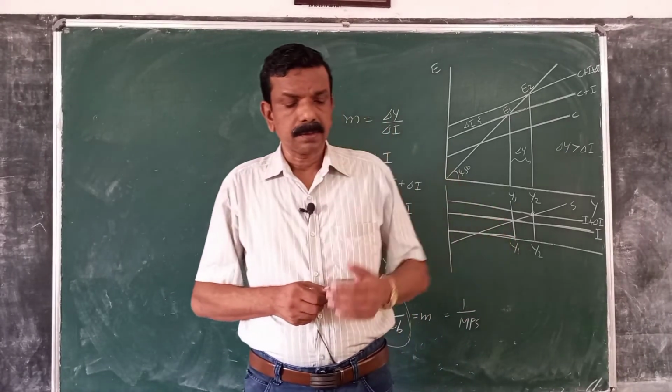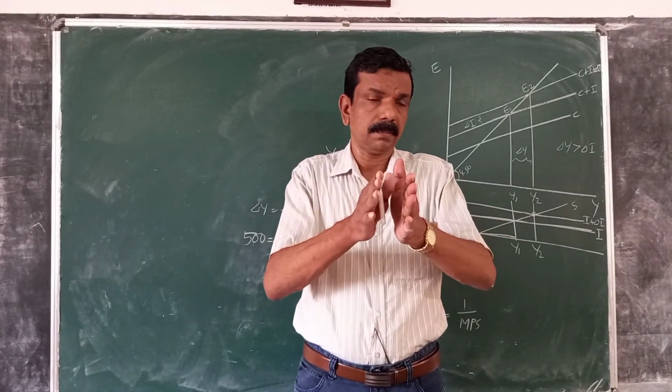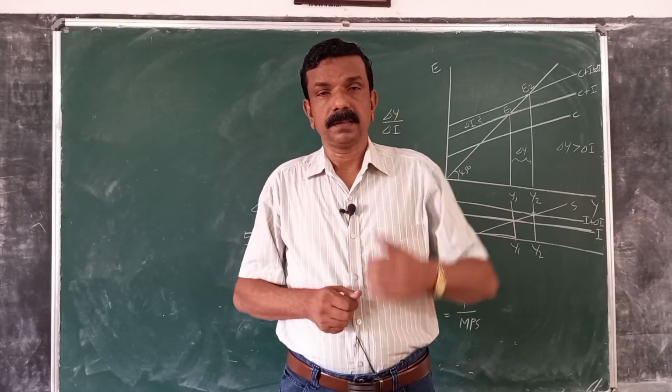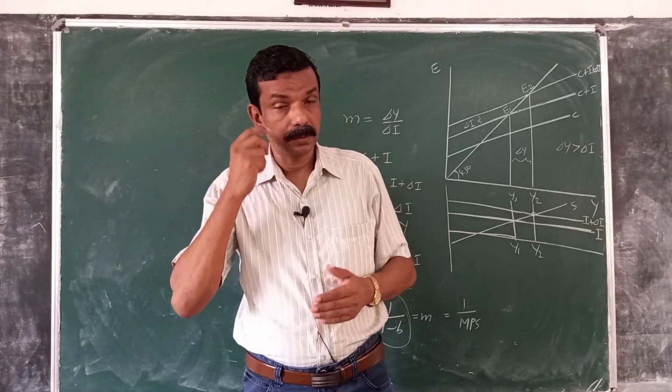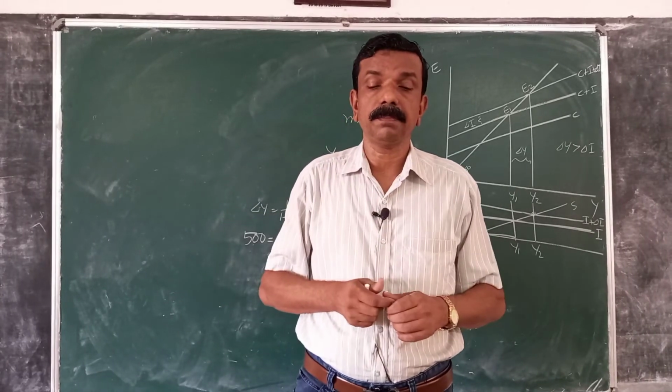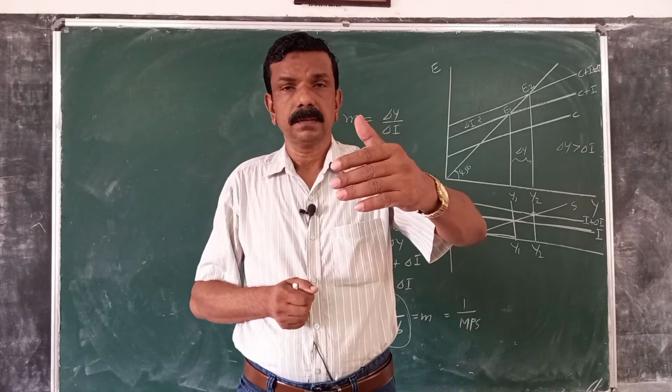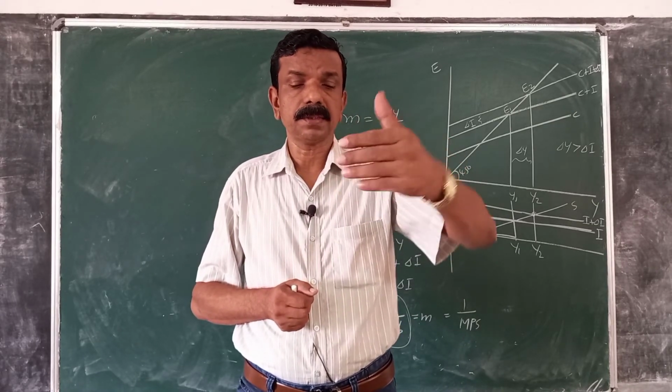The process behind the multiplier is like the ripple effect of throwing a stone in a pot. The initial effect is that the stone disturbs the water.